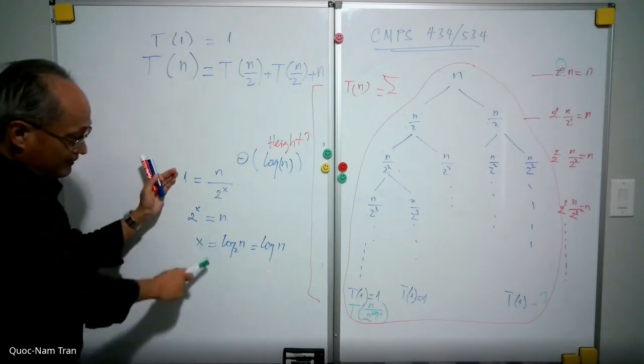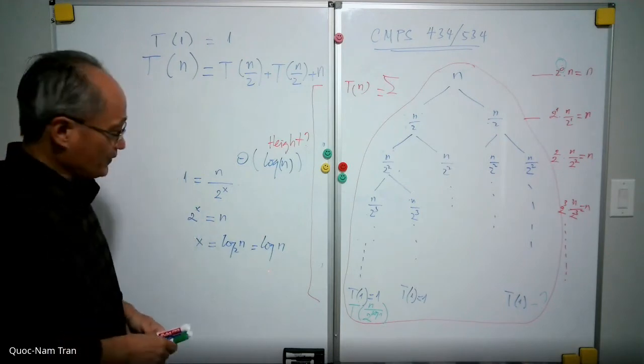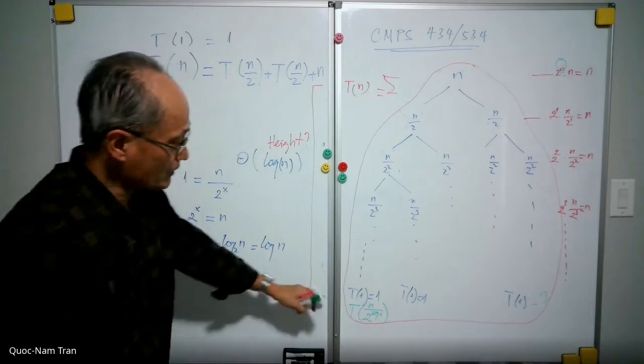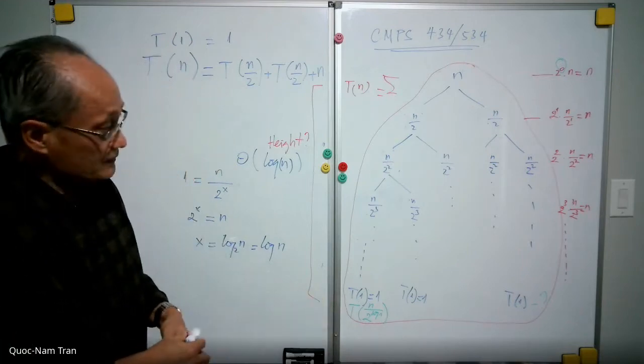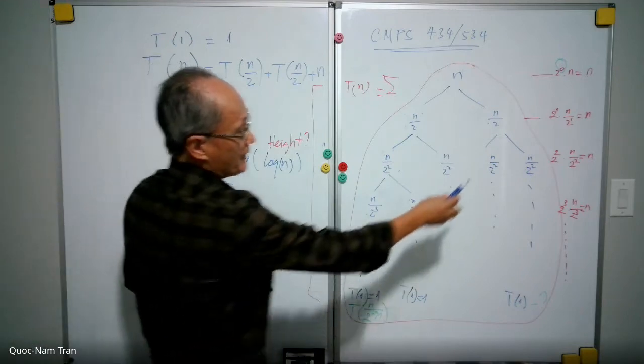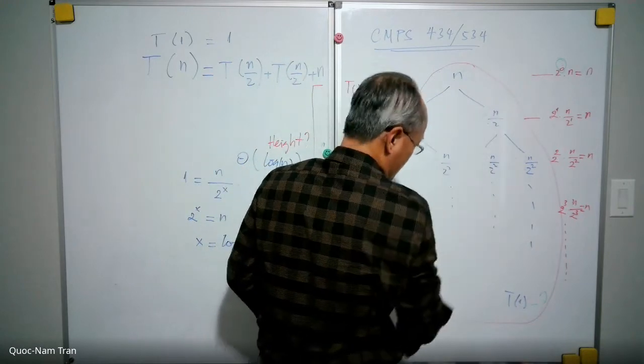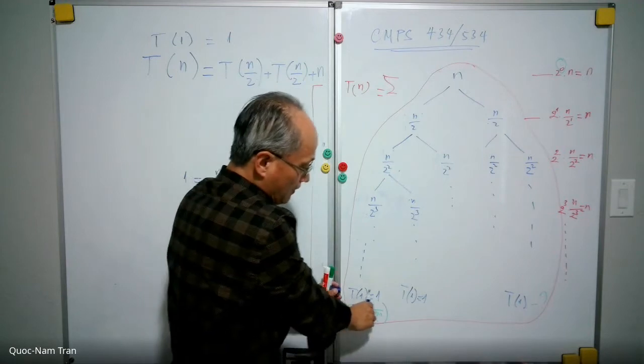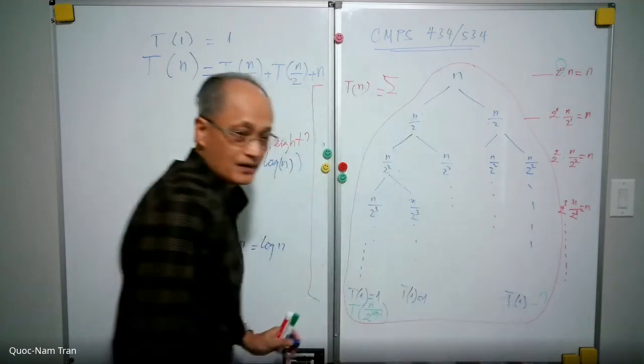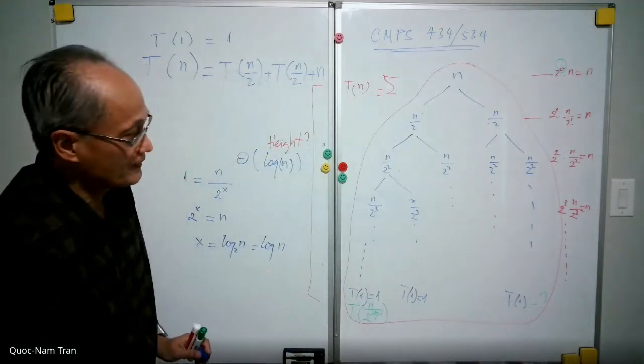Okay, from here is what we have. So that is what we have. So that said, you see the pattern, the first row, the second row, the third row. So when we add all of this together, what do we have?